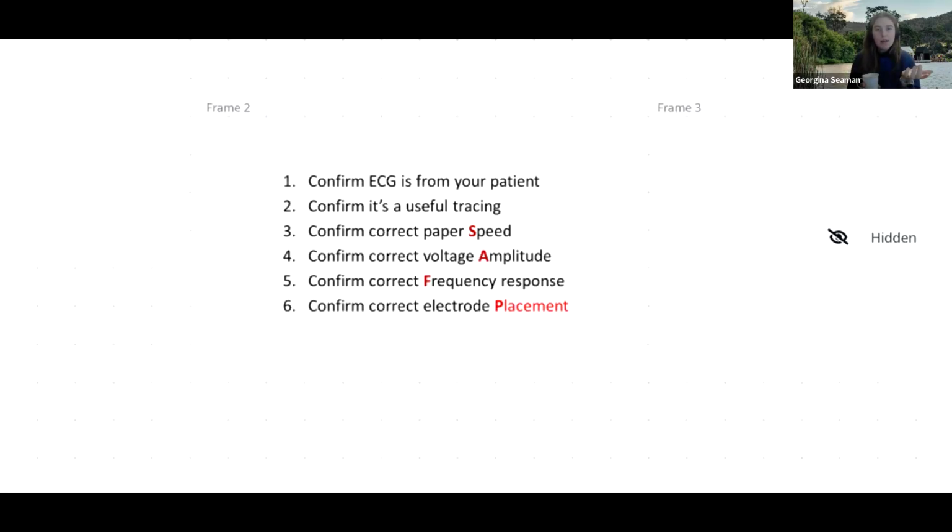So why would we change the amplitude? Has anyone got any ideas about why we would need to change the amplitude? Or why would anyone in hospital do it?